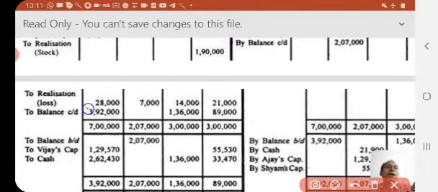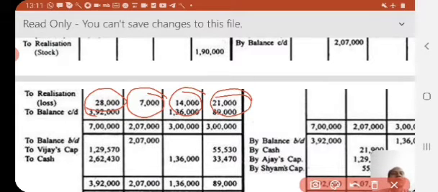As for 70,000 loss is incurred, that is distributed among the partners as per the profit sharing ratio. 28,000. 7,000. 14,000 and 21,000.